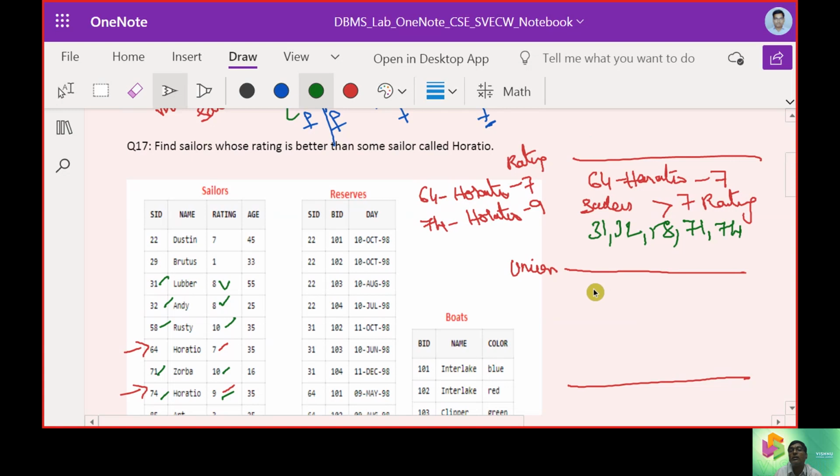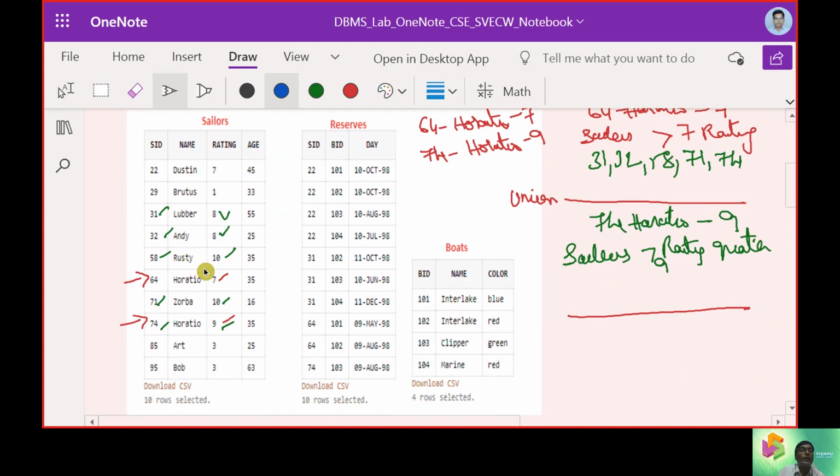Next one, we need to put 74 Horatio, and his rating was 9. Now we need sailors whose rating is greater than 9.